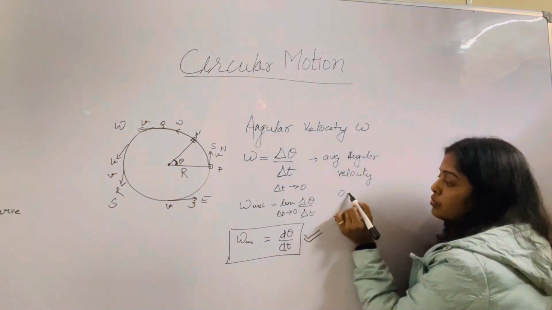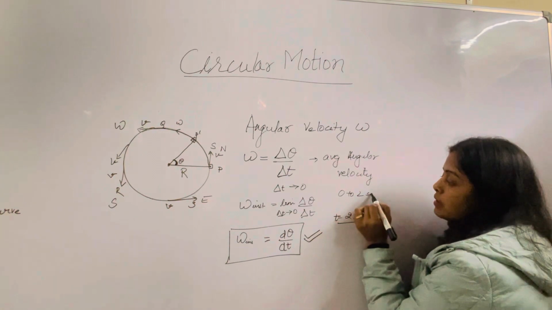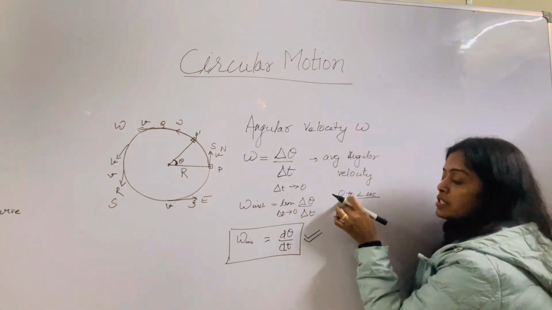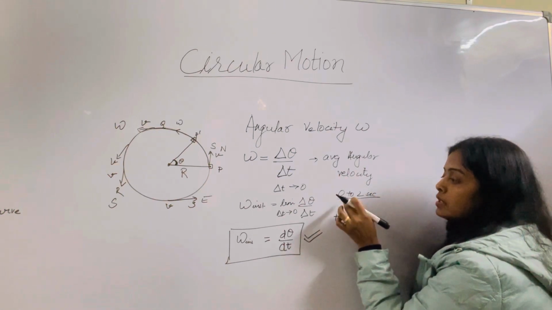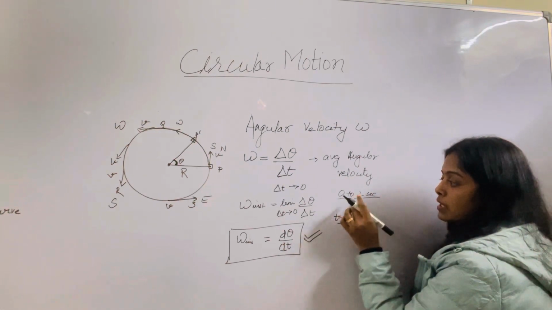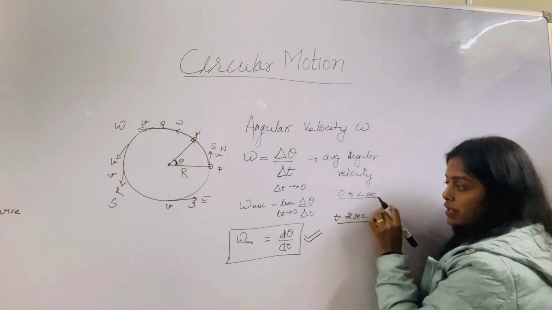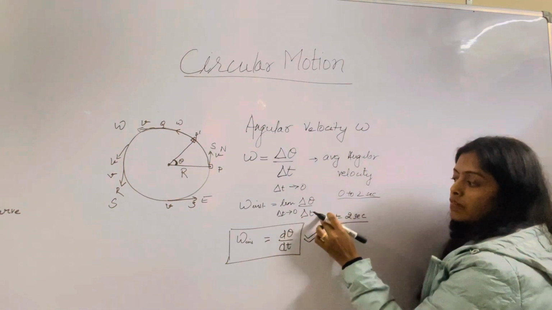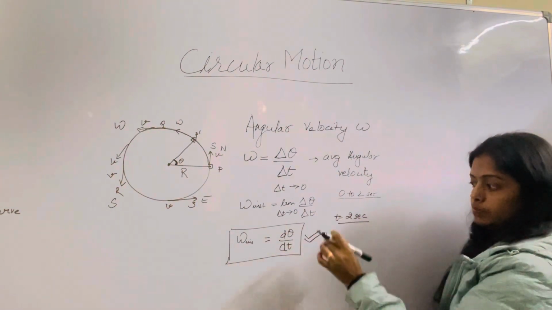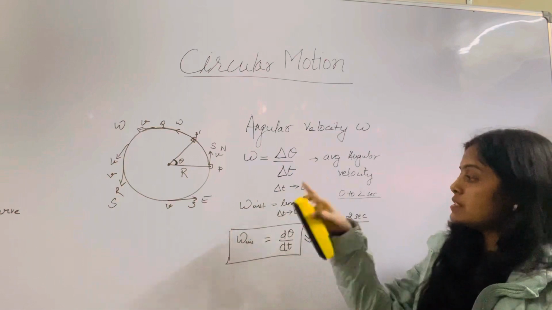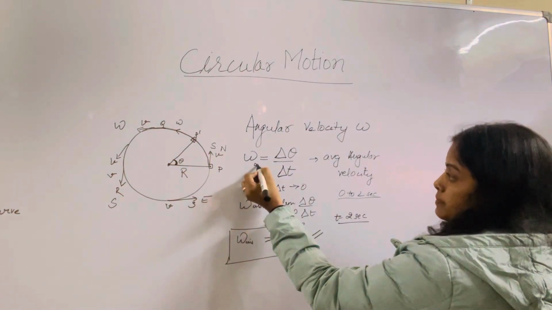Suppose from 0 to 2 seconds you have to find the velocity. That means you use the value at t equal to 0 seconds and at t equal to 2 seconds, then take the difference and divide by the change in time. So this is the difference between the average velocity and instantaneous velocity.